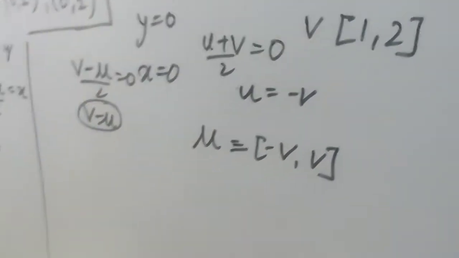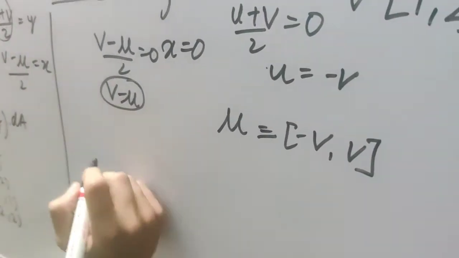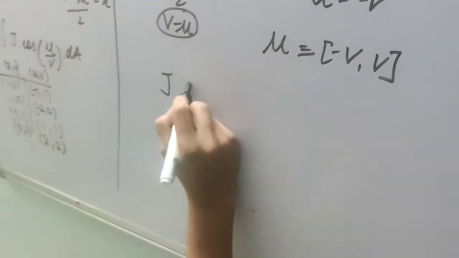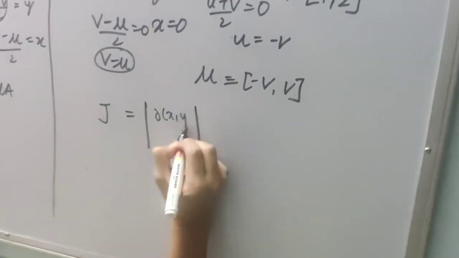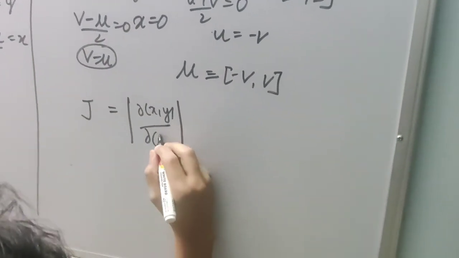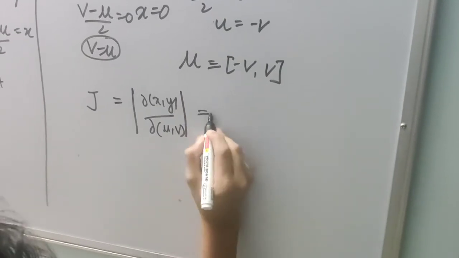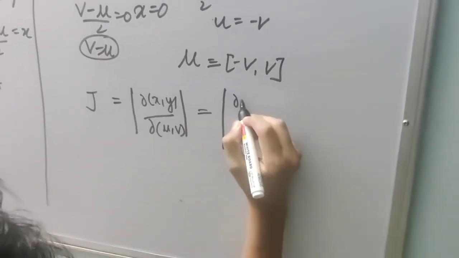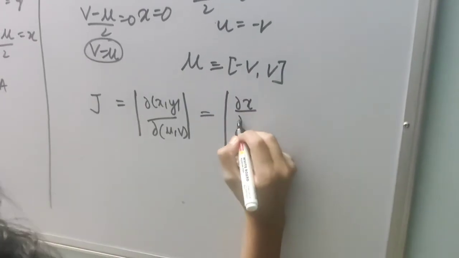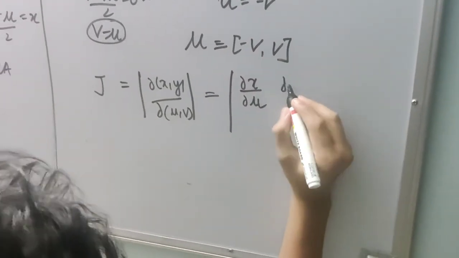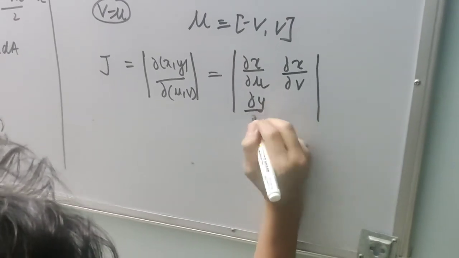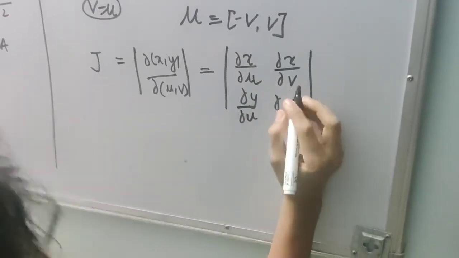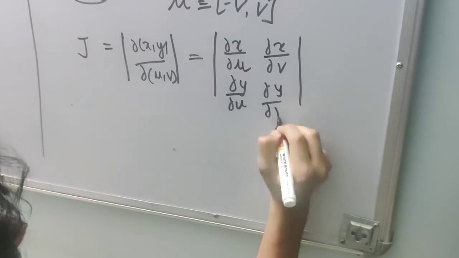Now we'll find the Jacobian. The Jacobian is nothing but the determinant of del(x,y) by del(u,v), which can be expanded and written as del x by del u, del x by del v, del y by del u, del y by del v.